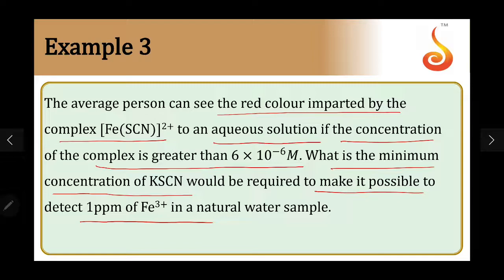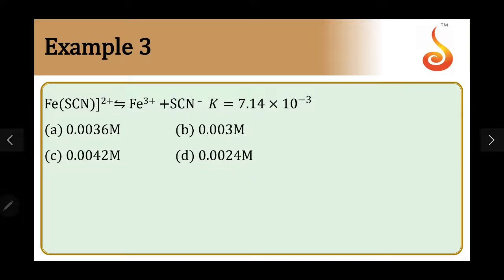So 6 into 10 to the power minus 6 is the minimum required to see the red color, and the concentration is 1 ppm. The dissociation constant or instability constant of the complex is given as 7.14 into 10 to the power minus 3, and these are the options given to us. Okay, so we'll go to the solution.